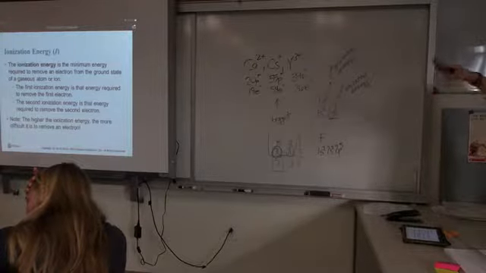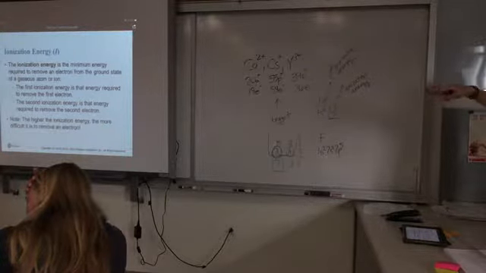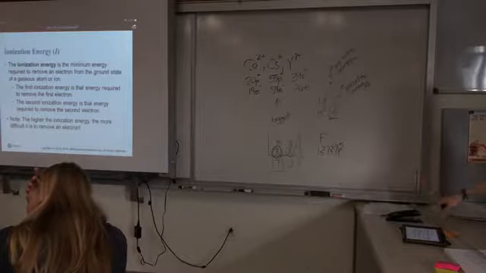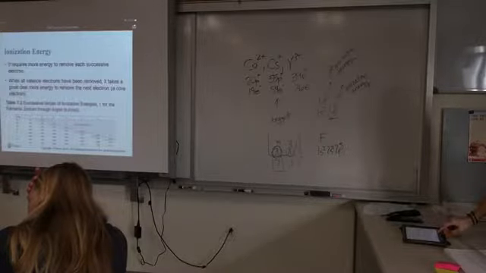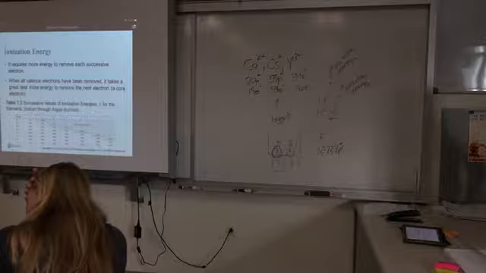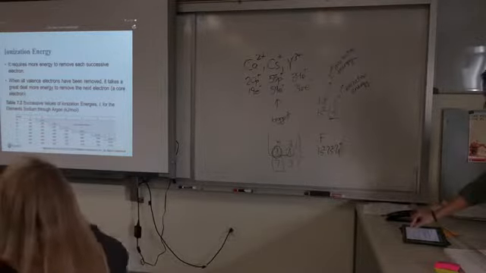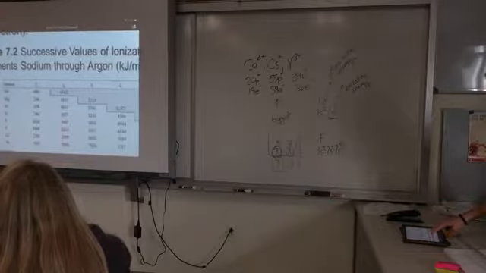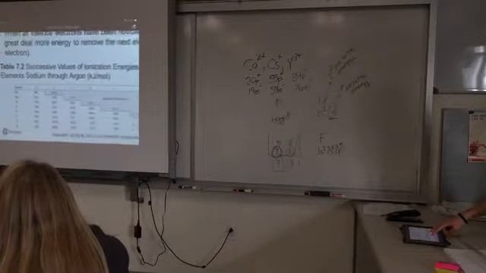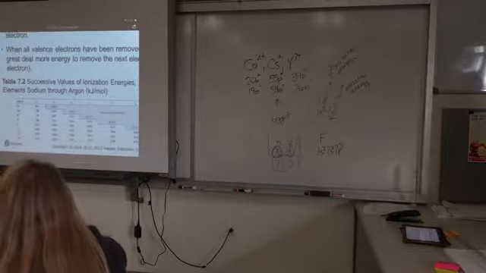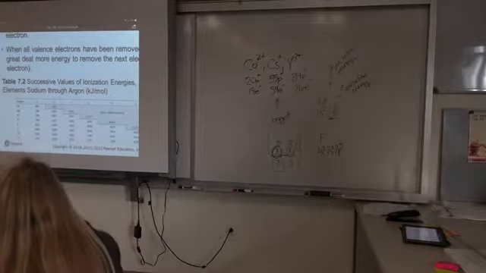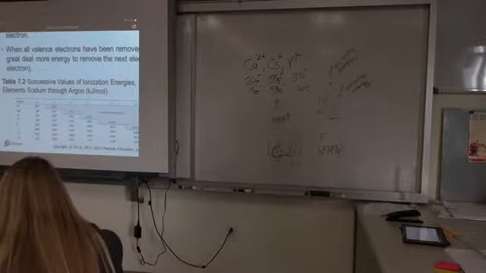So that's what they're talking about on this slide about first ionization, second ionization. Okay. And if you look at this chart, which I just want to point out to you for a second, because honestly, remember where I said there's a bunch of questions that pop up on the AP test about trends?